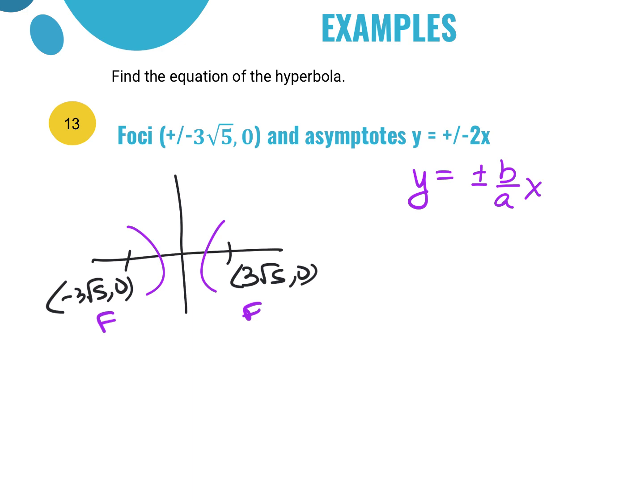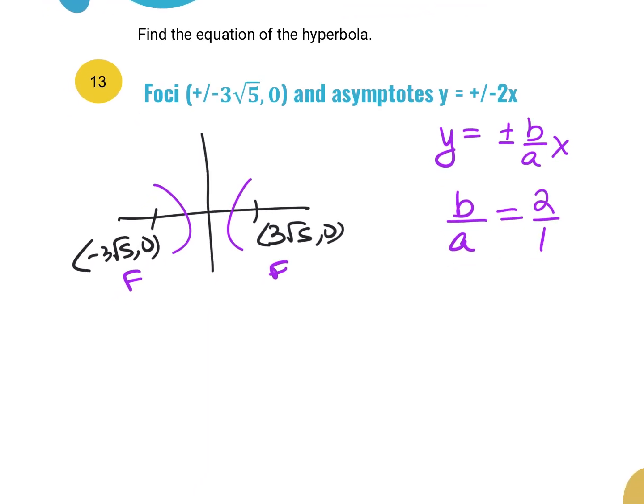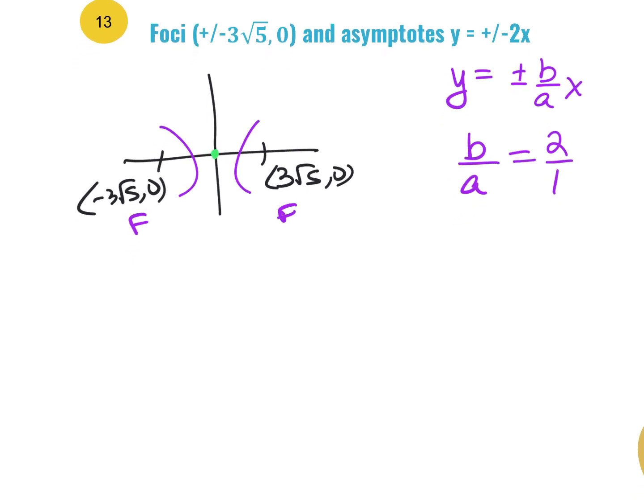So now I'm going to go ahead and fill in what I know. So I have b over a is equal to 2 over 1. And I can also see that my c value, again, here's the center, it's at (0, 0) still. And the equation I'm filling in is going to be the x squared because it's crossing the x-axis. So the equation I'm filling in is x squared over a squared minus y squared over b squared equals 1.